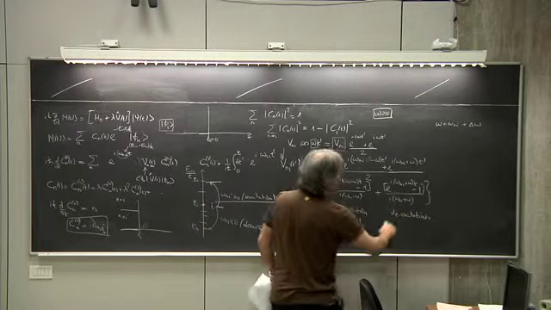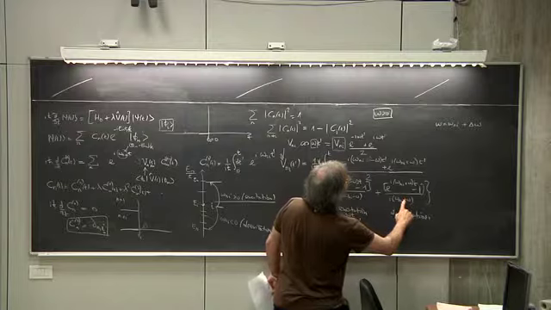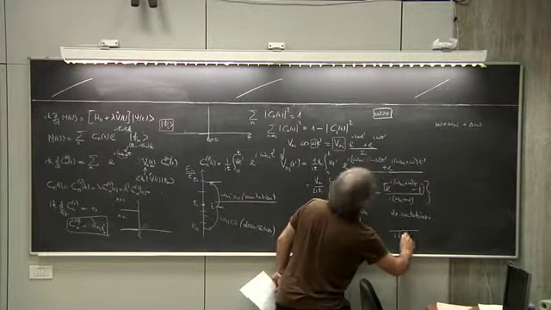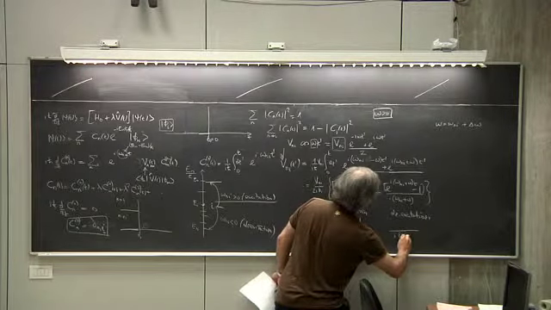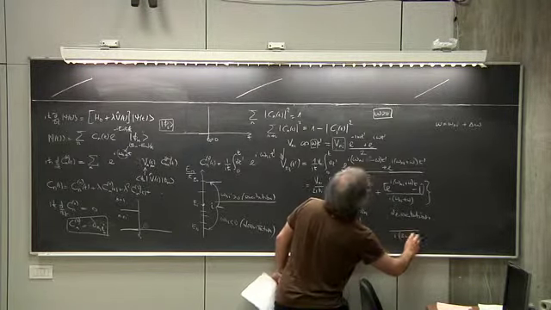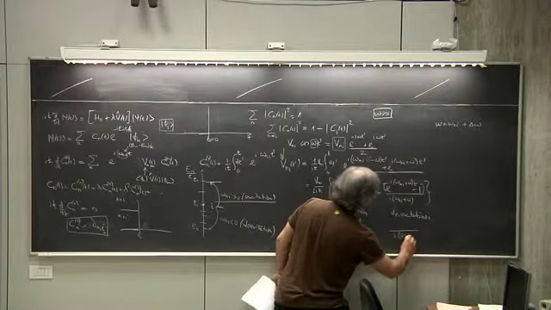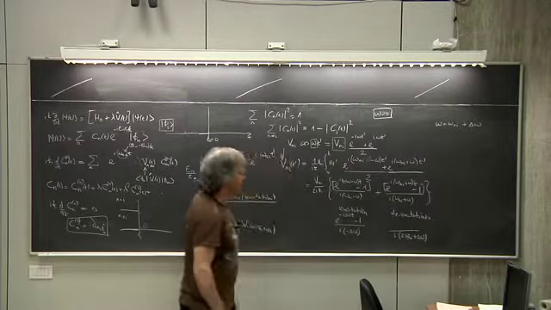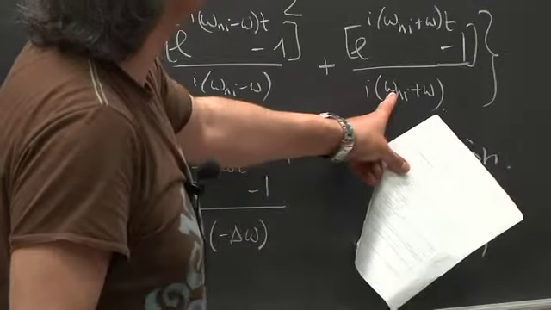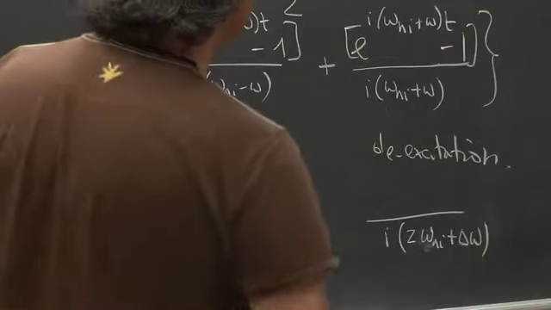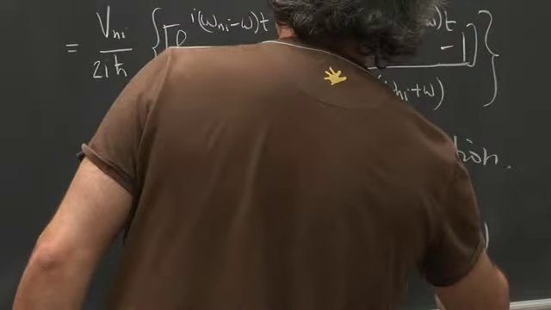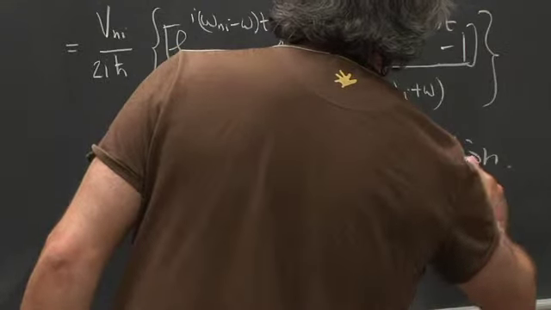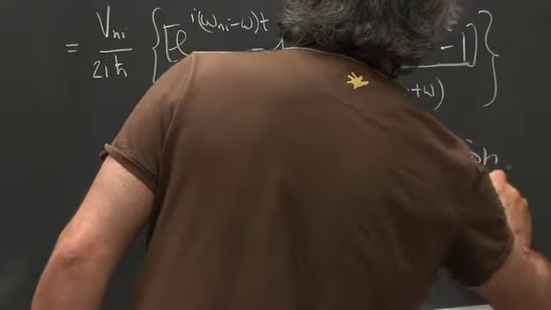The other term, on the contrary, would have a denominator that is quite large, 2 omega_ni plus delta omega, you see, because omega sums with the other contribution, and the numerator, whatever, is e to the i (2 omega_ni plus delta omega) t minus 1.